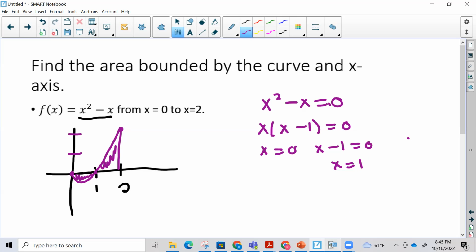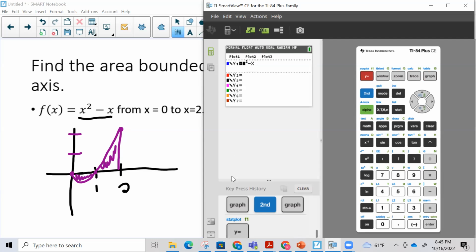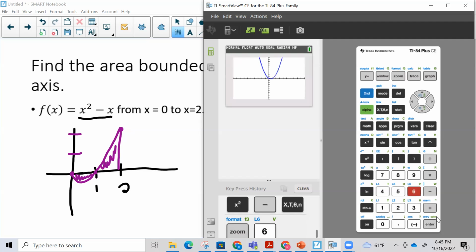So it gives you an idea of where our function crosses the x-axis before graphing it. To graph it, you go to y equals, you type in x, this is our variable, squared, minus x, and then we're going to graph it. Generally to graph, you hit zoom and then standard to get an idea of what it looks like, but we need only from 0 to 2.